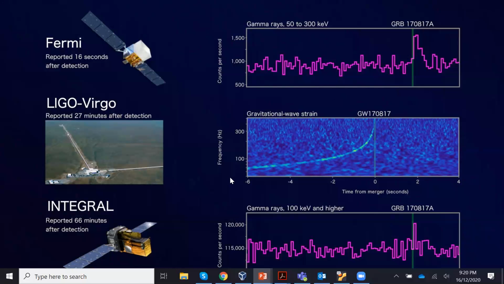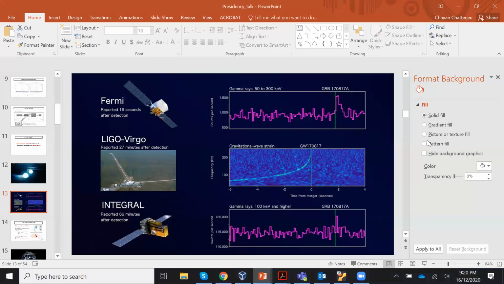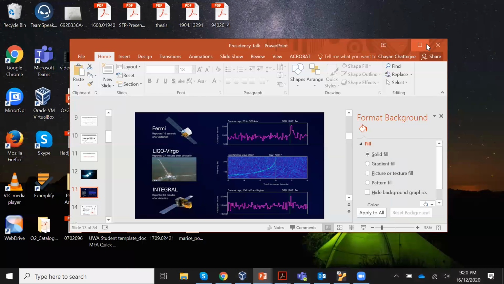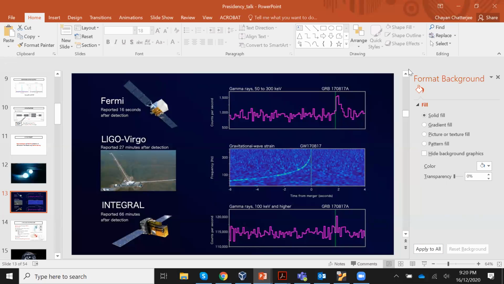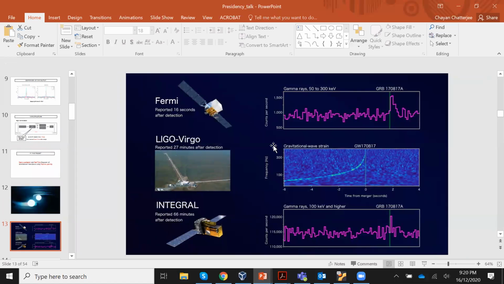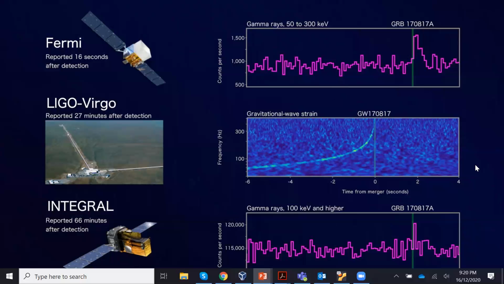Sorry, could you please hide the taskbar from below? Yeah, I'm trying to do that. Otherwise, it's okay. I think it is a result of doing the full screen thing. I'm not sure how to hide it. Okay, it's okay. Please go ahead. Do you think this is better? No, I think full screen was better. Okay, let me know if you cannot see something, then I can maybe minimize this and show it to you.